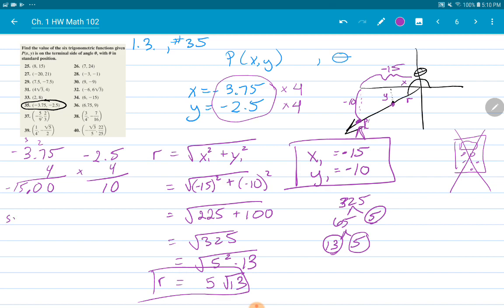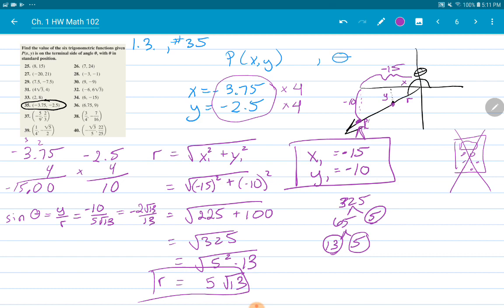So let's see. We have sine of theta equal to y over r. And we're going to use the bigger triangle for y over r. So that is negative 10 over 5 radical 13, which equals negative 2 times radical 13 over 13.